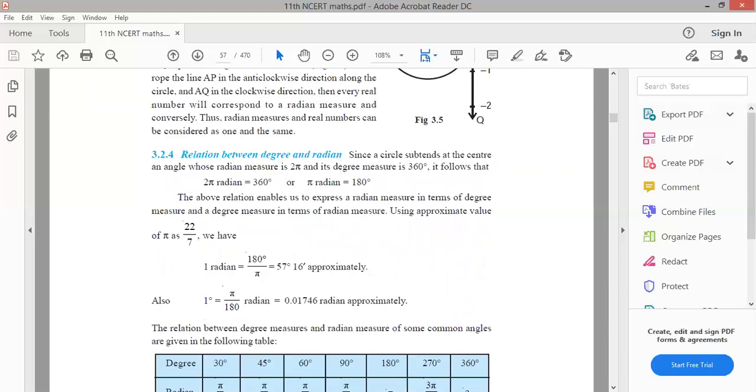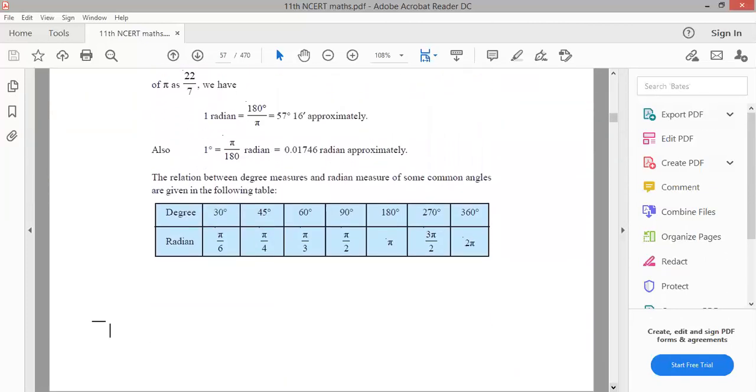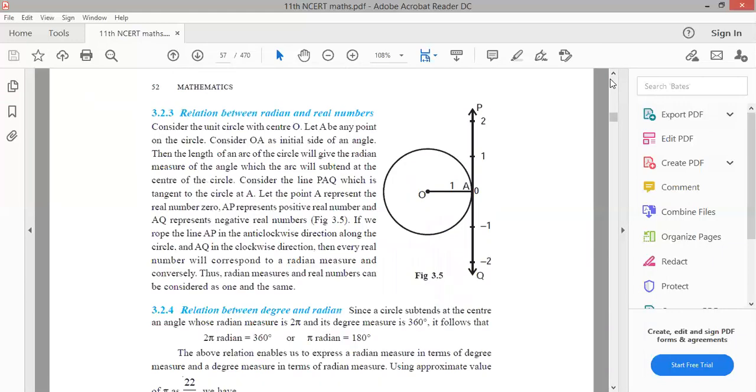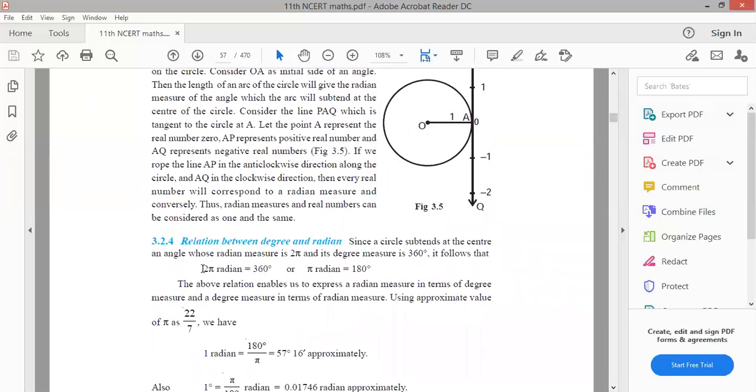If you want to know the relation between the radian measure and the degree measure, you may use this relation: 2 pi is equal to 360 degrees, or from this you can conclude pi radians is equal to 180 degrees.